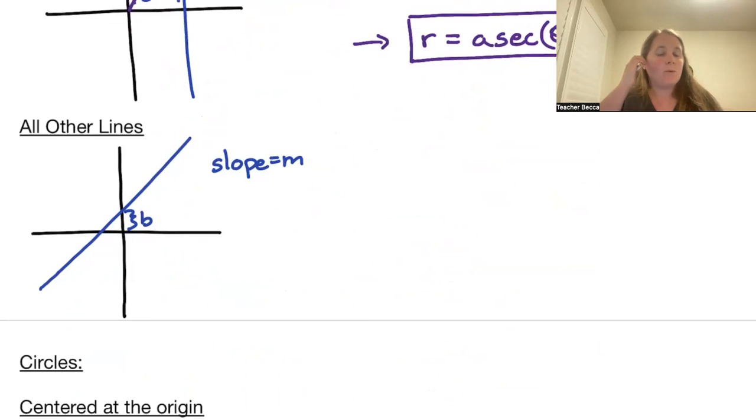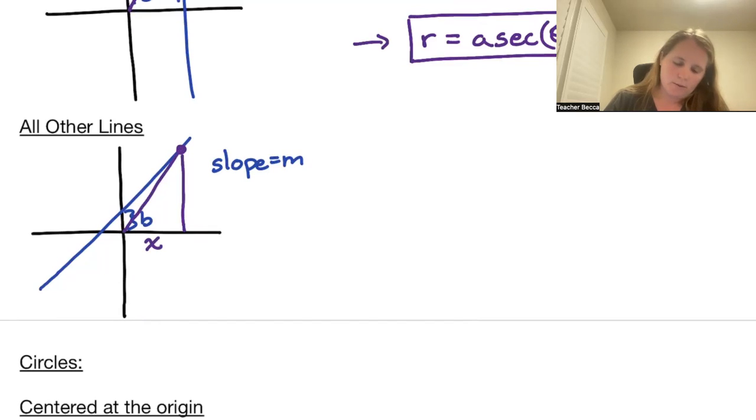So let's take the line y equals mx plus b. Any point on the line, we can create a right triangle with the x and y coordinates. So I'm just going to call the x coordinate x. The y coordinate would therefore be mx plus b. We have radius r and angle theta.